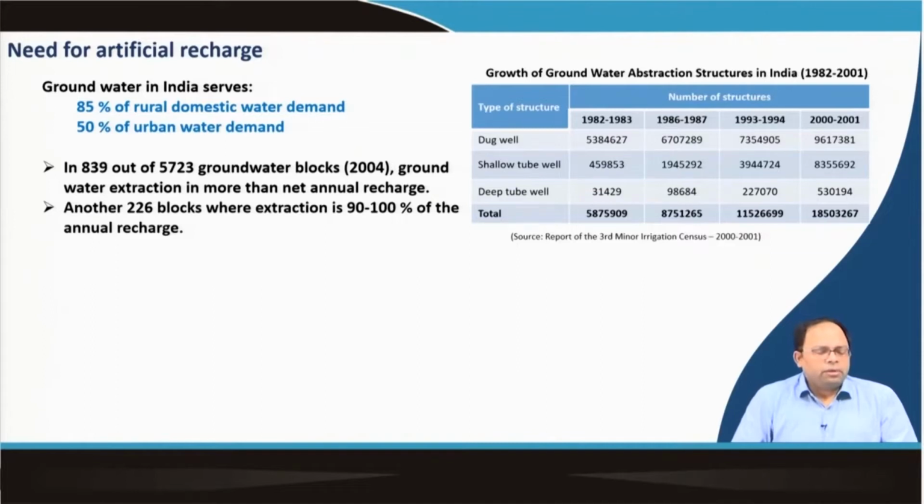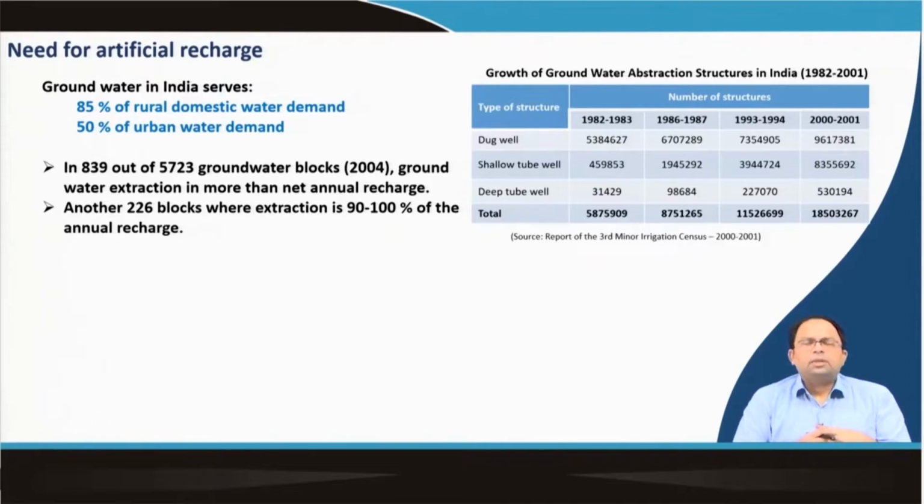We already know that about 839 out of approximately 6,000 groundwater blocks, in 2004 it was found that the groundwater extraction is actually more than the net annual recharge. That means if groundwater extraction is more than the net annual recharge, gradually the groundwater table will go down and eventually the aquifer would be depleted.